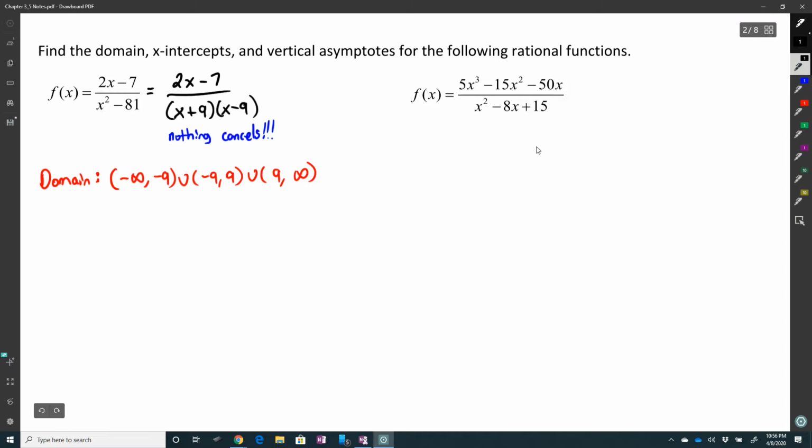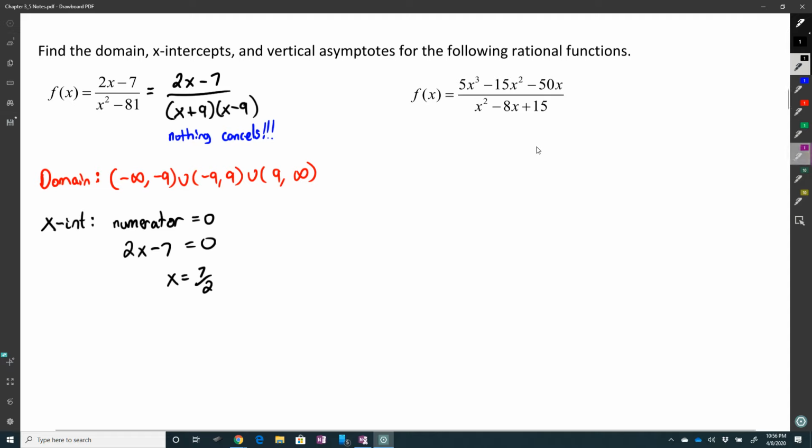Okay, so numerator equals 0 gives your x-intercepts. 2x minus 7 equals 0. Add 7, divide by 2, x equals 7 halves. So as a point, as a coordinate, it would be 7 halves, 0. Now vertical asymptotes.